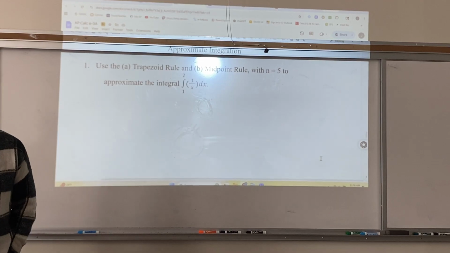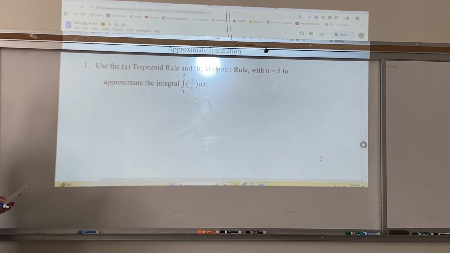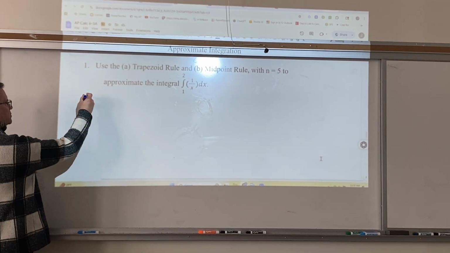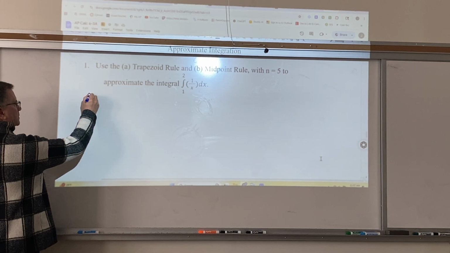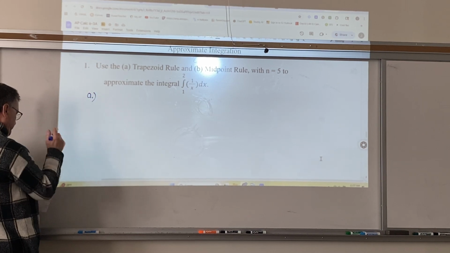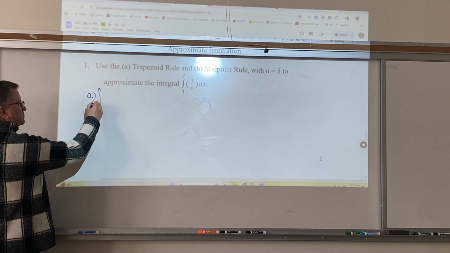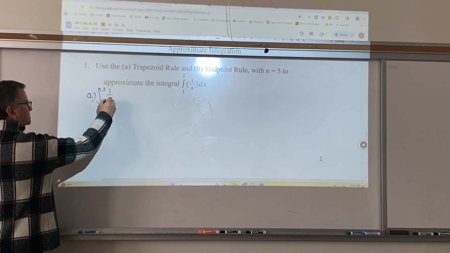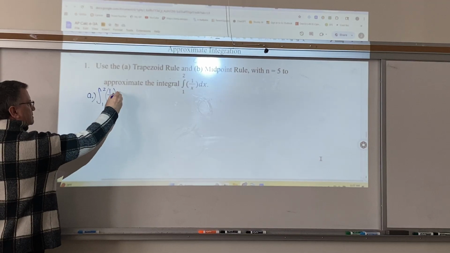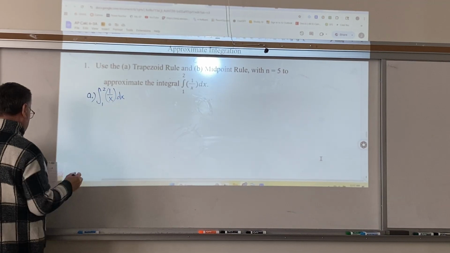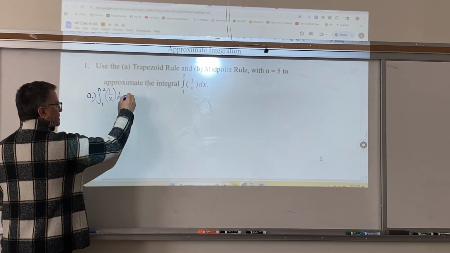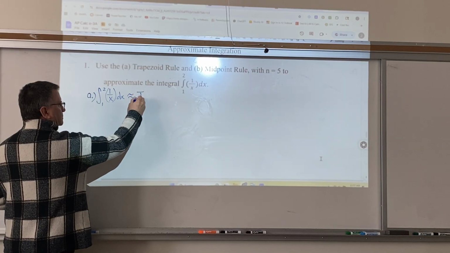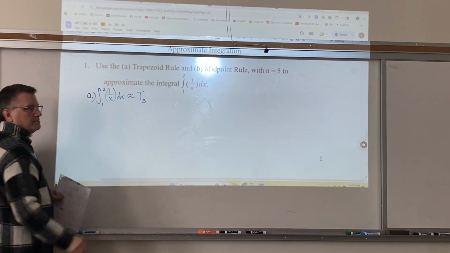The first one is the trapezoid. So the integral from 1 to 2 of 1 over x dx is going to approximate, we're using trapezoids, 5 of them.